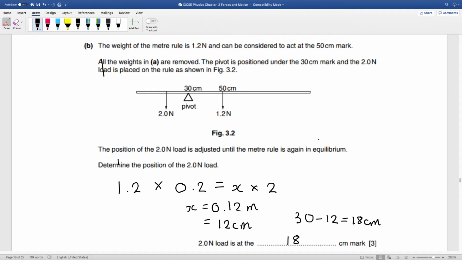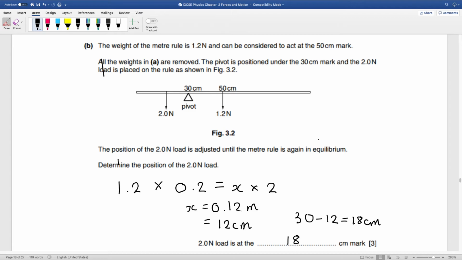No. 1.2 times 3.2. 1.2 is the force here, the weight of the meter rule. And then 0.2 is the distance from the pivot. So this gives you the clockwise moment. The anti-clockwise moment is the moment given by the 2 Newton force, so it's x times 2.